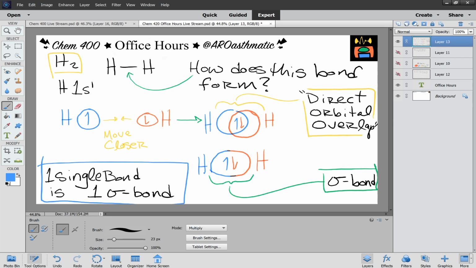So sigma bonds form anywhere there is direct orbital overlap. So hybrid orbitals can form them too.